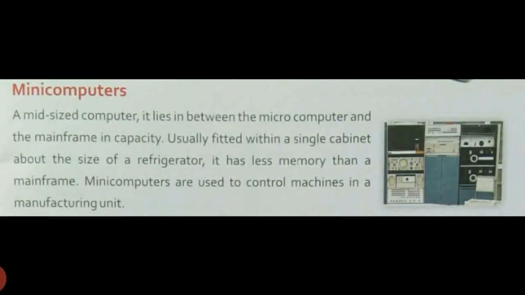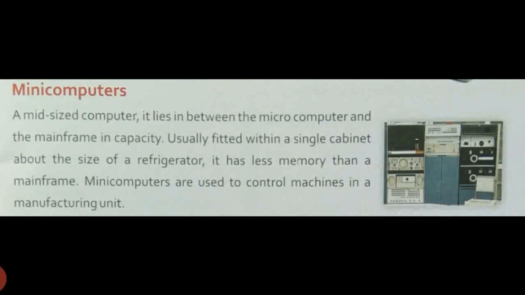Next one is mini computers. A mid-sized computer, it lies in between the microcomputer and the mainframe in capacity, usually fitted within a single cabinet about the size of a refrigerator. It has less memory than a mainframe. Mini computers are used to control machines in a manufacturing unit.